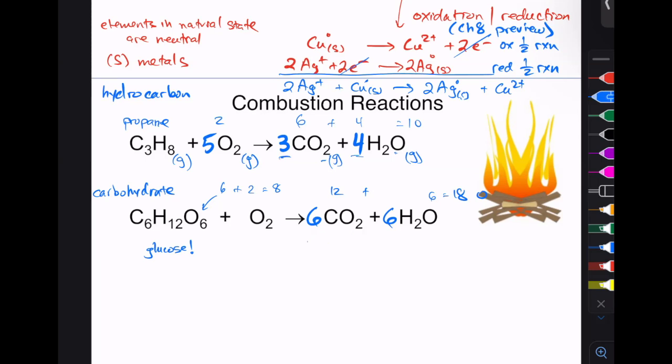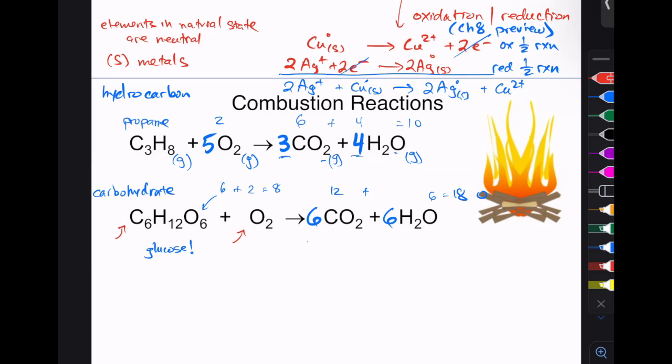So how are we going to balance the oxygens now? We've got 18 on the right and 8 on the left. Before you start giving me your answers or your guesses, you've got 2 choices here. You can start playing around with the coefficients here and here. But if we do anything to modify the glucose, we're now going to change what's already balanced for the carbons and the hydrogens.